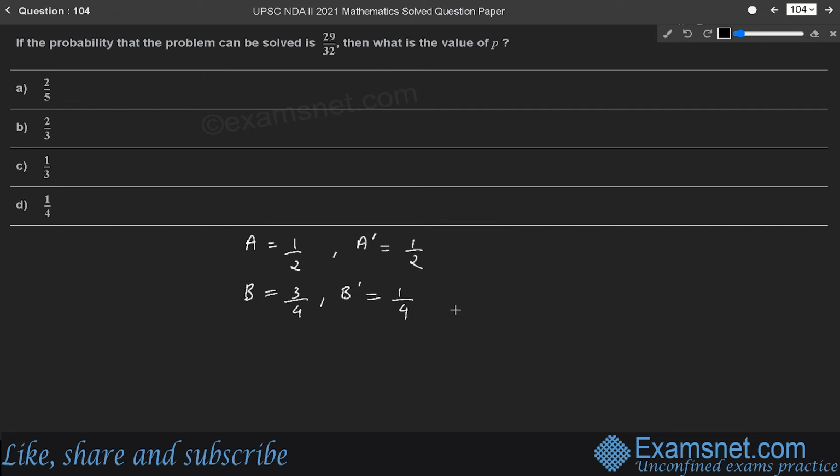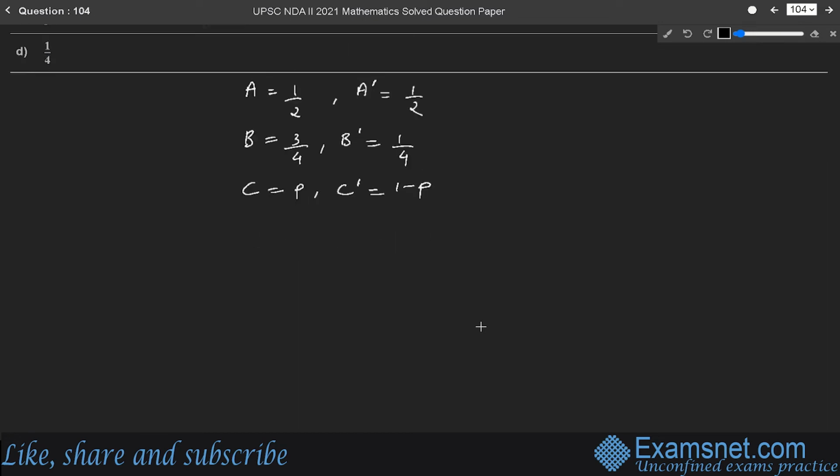Similarly, probability of C solving a question is given as P. So probability of C not solving a question is 1 minus P. Now, it is given that the probability that the problem can be solved is 29 by 32. We know that the probability that the problem will be solved can be given by 1 minus P of A complement, B complement, C complement, and it is equal to 29 by 32.